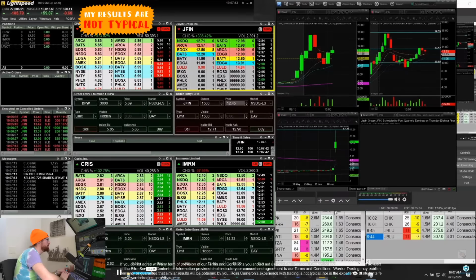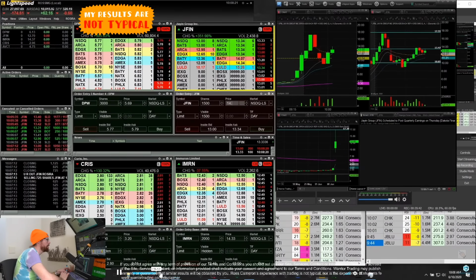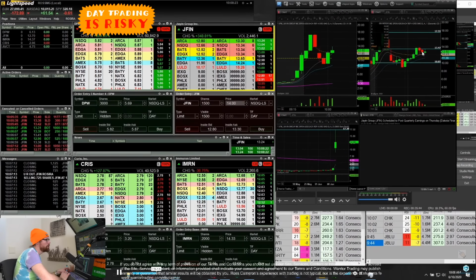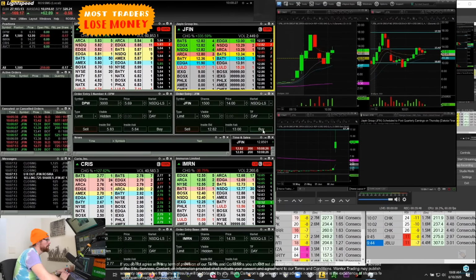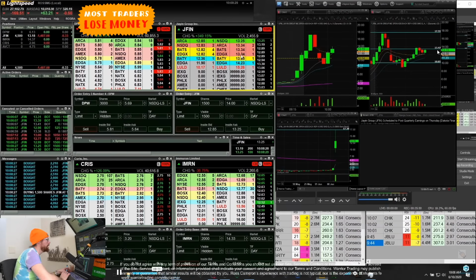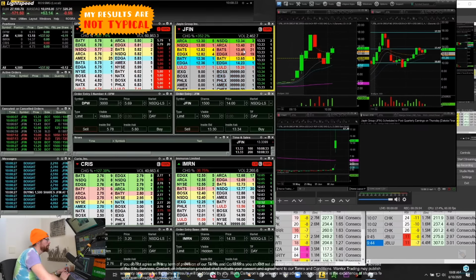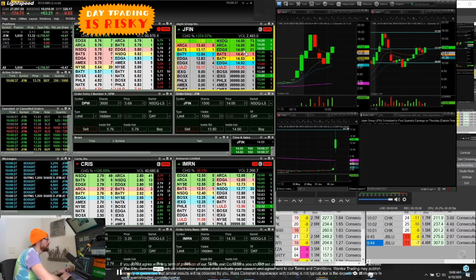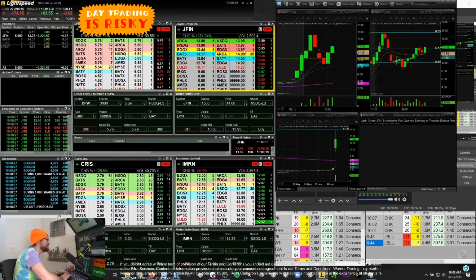So we're going to look for this to squeeze back through 13. And I'm going to show you here the first candle to make a new high on the 1-minute chart. Watch right here. I just added back 4,500 shares for the break through 13.50. Look at the volume coming in there. There's 13.78. There's 13.99.